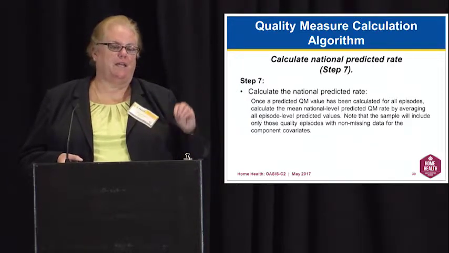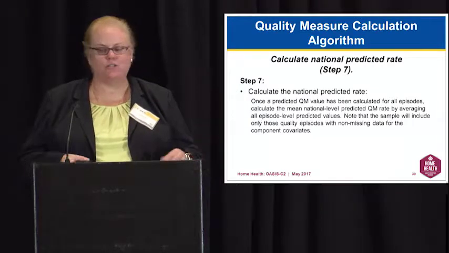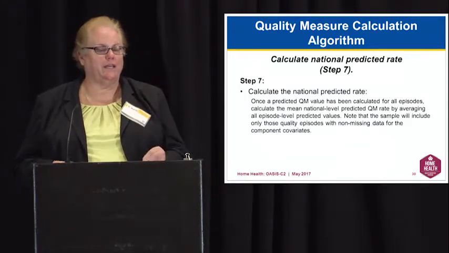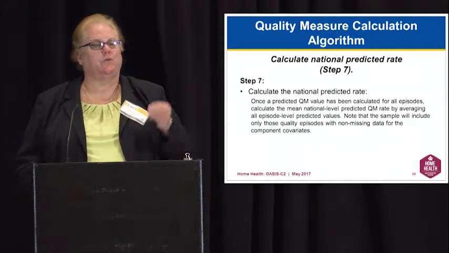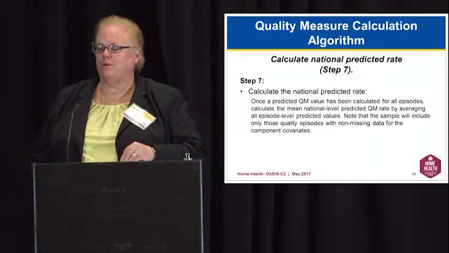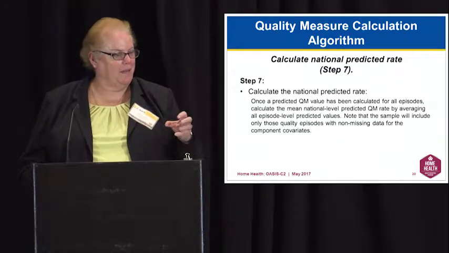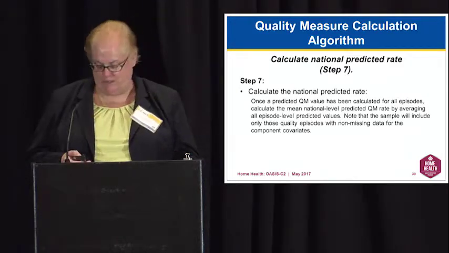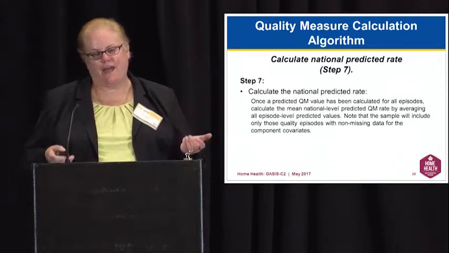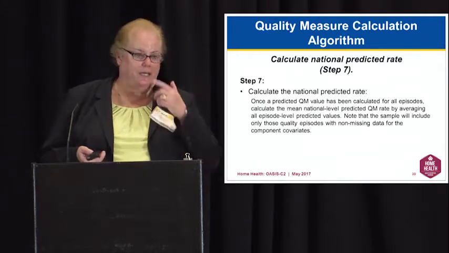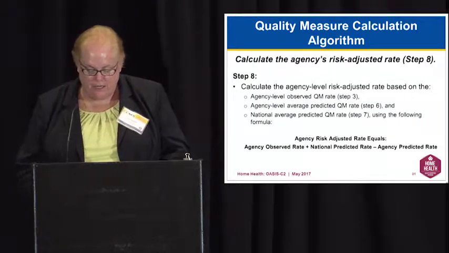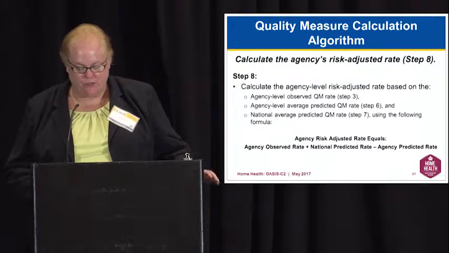And if you don't have the data, there's a process of using the dash, right? So there's something to put in there, unless it's a natural area where you can leave it blank, where it's only select those that are applicable, then that could be appropriate to leave blank. But you need to know question by question whether it feeds into these. So you'll always hear that caveat, if there's missing data, we can't use that person or that episode. And then calculate the agency risk adjusted rate.